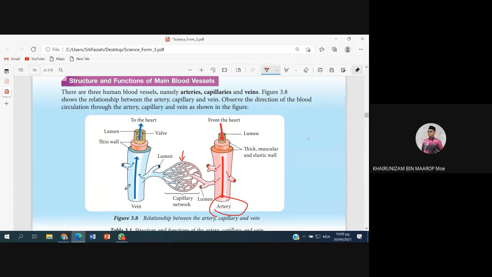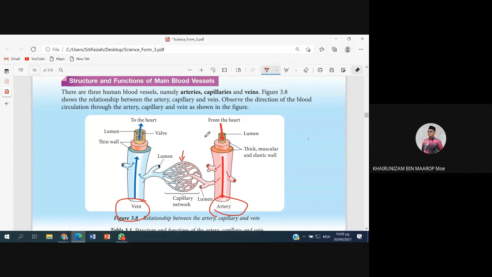And then the vein is in blue color. This figure shows the relationship between the artery, capillary, and the vein.